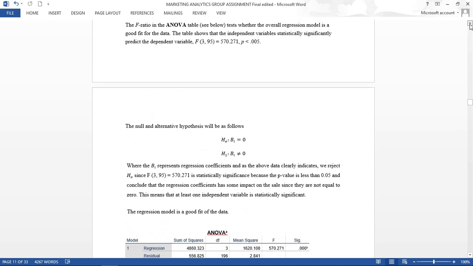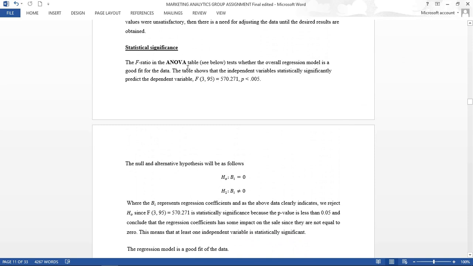So let's discuss. The F ratio in the ANOVA table, as you can see below, tests whether the overall regression model is a good fit for the data. At the 95% confidence level with 3 degrees of freedom, our value of the test statistic is this one, and the p-value is 0.00, which is less than the significance level. The null hypothesis, H naught, says all the regression coefficients are equal to 0.